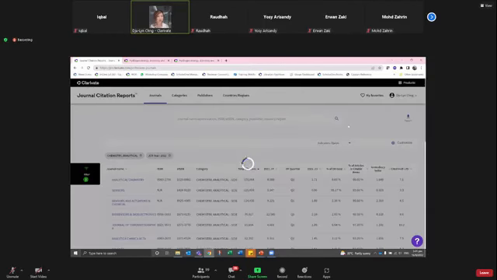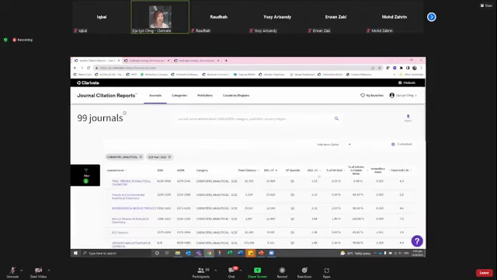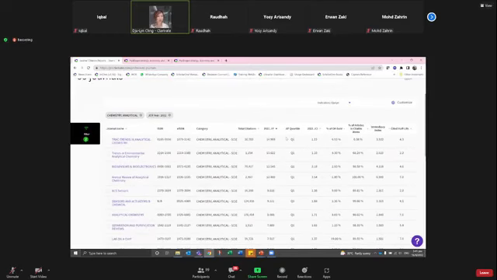Okay. So one useful way of using both the JIF and the JCI is that, say, for example, here you see it's all under chemistry, right? If you sort this by JIF, you have all your quartile 1 journals at the top. But out of all these quartile 1 journals, which are the ones that are giving you more impact in terms of JCI?